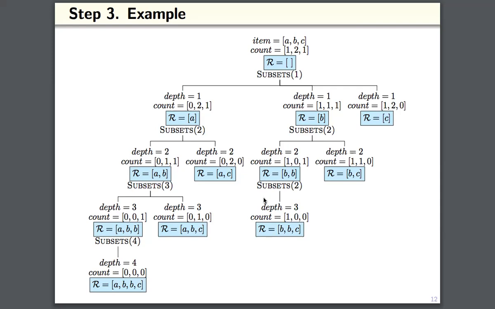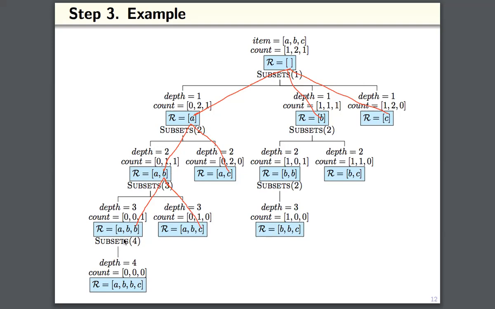Let's see if there is a pattern. What is the pattern? Look at the pattern. The first element is A, the first element is B, the first element is C. Given that the first element is A, the second element is B, the second element is C. Given that the second element is B, the third element is B, third element is C. Make sense?